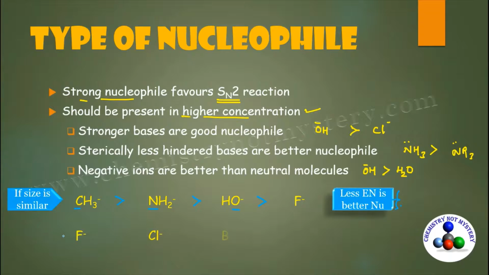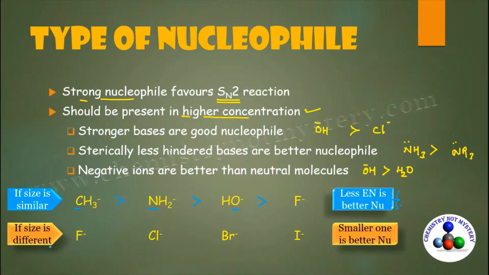Now compare the nucleophilicity of different halide ions. So here you can see they all belong to the halogen family. That means they all have comparable electronegativity, but they all have different size. So if there is a difference in size, decide on the basis of size, and the smaller one will be the better nucleophile due to the large charge to mass ratio.